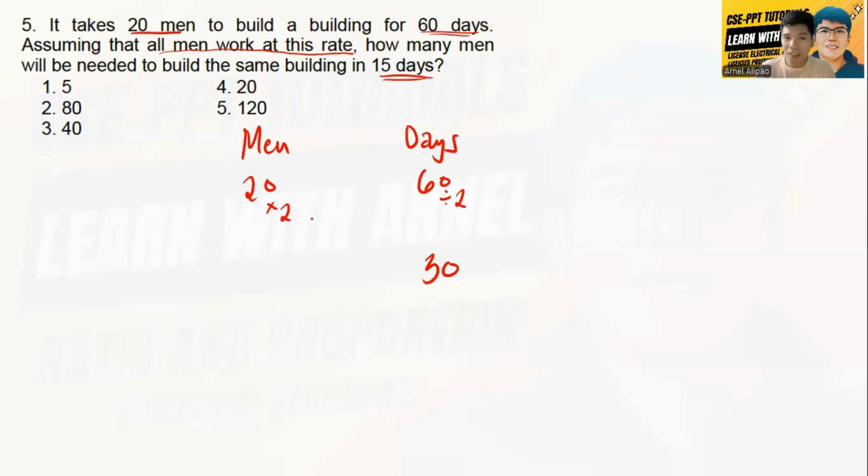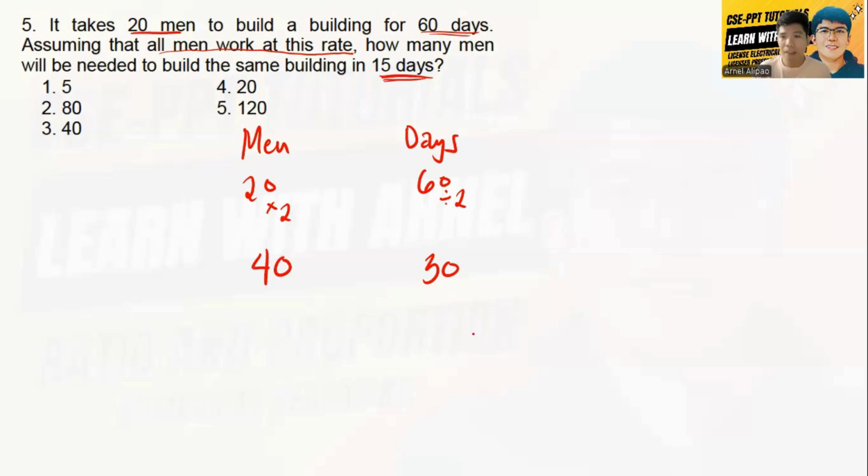Instead of dividing, we have to multiply because we need to double the men so that the number of days taken for the work to be done will be divided by 2, right? So 20 times 2, there are 40 men needed so that the building can be done in 30 days. So remember that the building has to be done in 15 days.